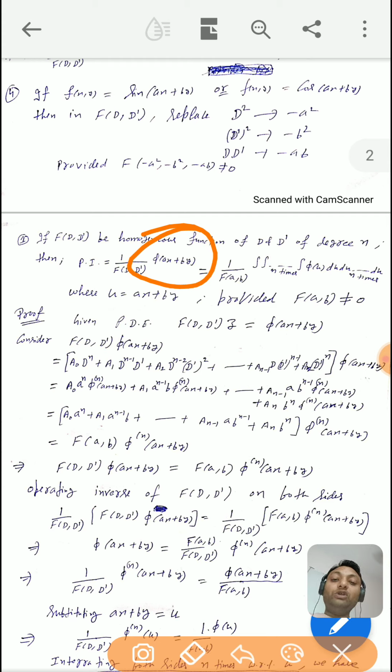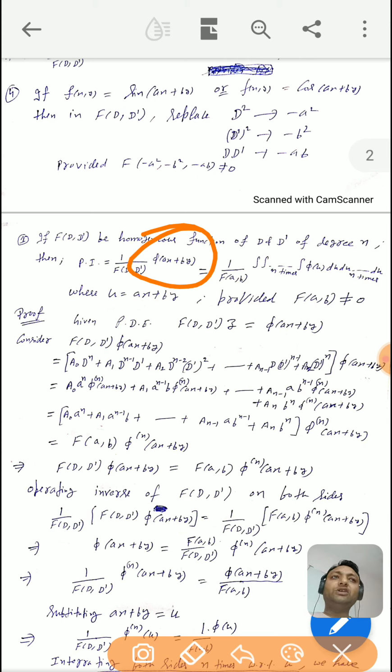So in the ordinary differential equation, we have some restrictions on these kinds of functions. We solved only e power ax plus by, sine of ax plus by, cos of ax plus by.